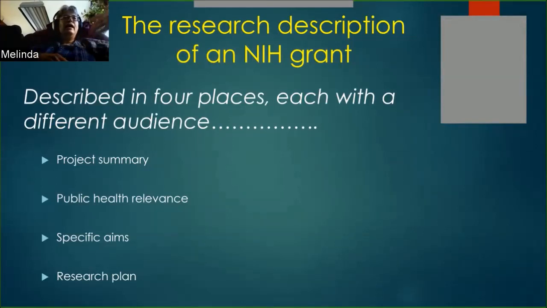So for a K or an R award, pretty much all NIH grants have a project summary you have to write, a public health relevance, a specific aims page, and a research plan. These are read and reviewed by different people and are used for different purposes. And that's why their tone and their formats are different.